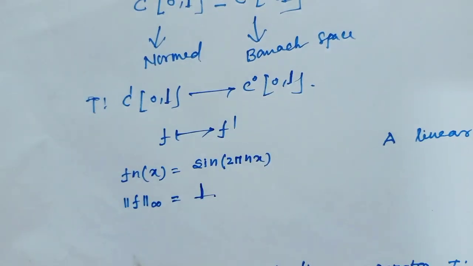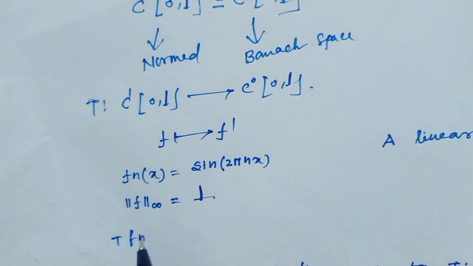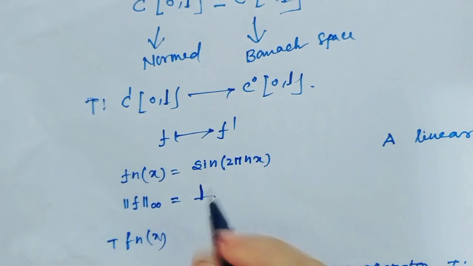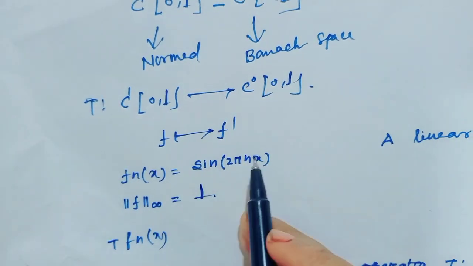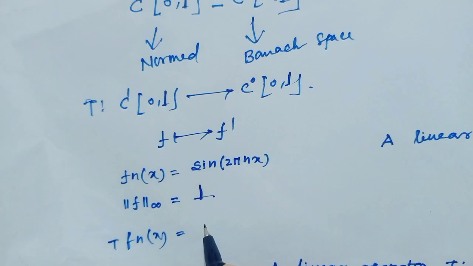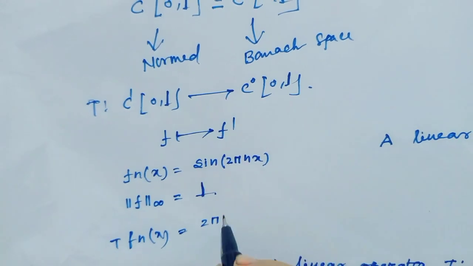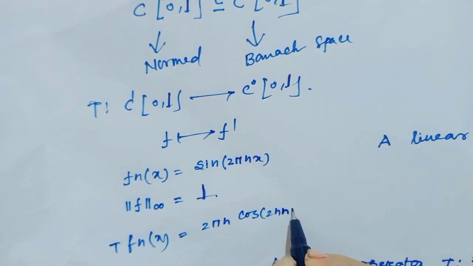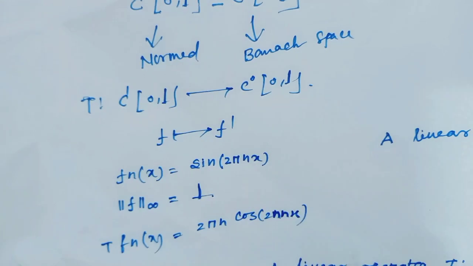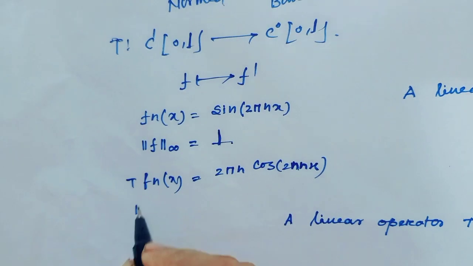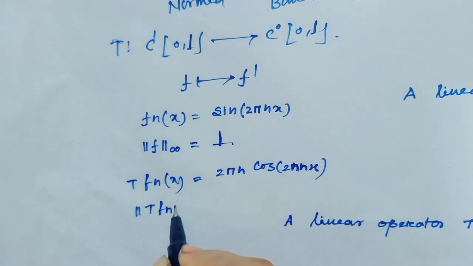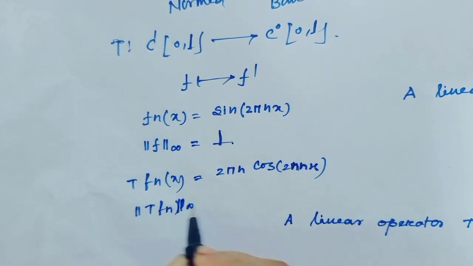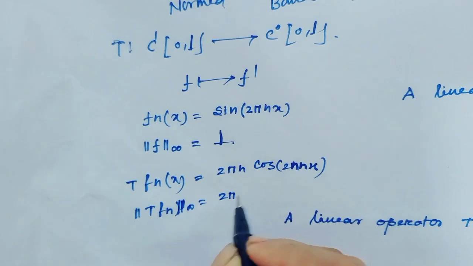And for T f_n, since T f_n means the derivative of f_n(x), this is actually 2 pi n cos(2 pi n x). The norm of T f_n with respect to the sup norm would be 2 pi n.